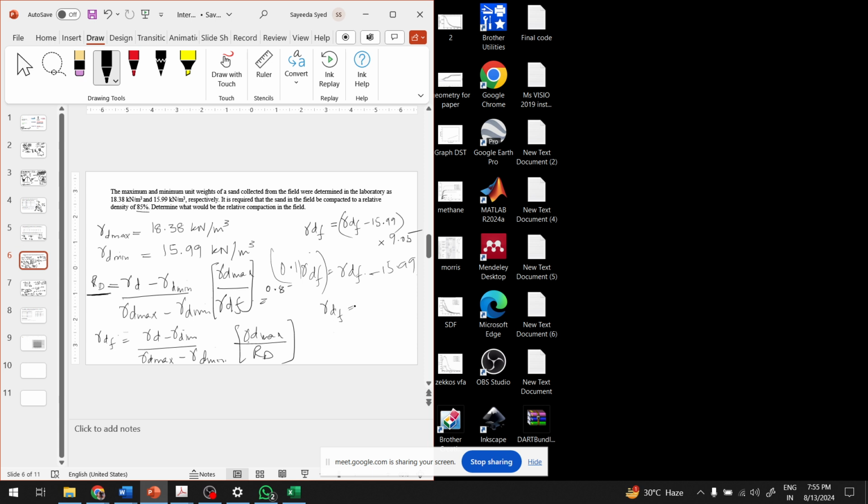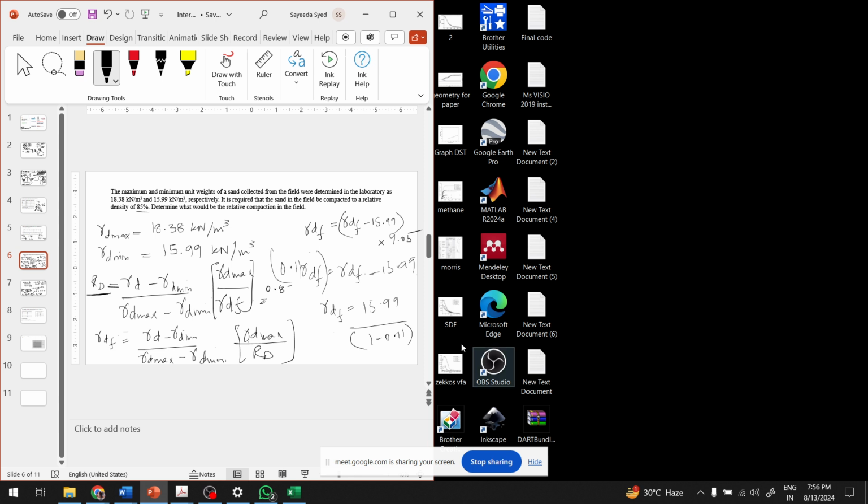Gamma df, I just added 0.11 and that is not what I was supposed to do. It is equivalent to 15.99 over 1 minus 0.11, which is 0.89. 15.99 divided by 0.89.